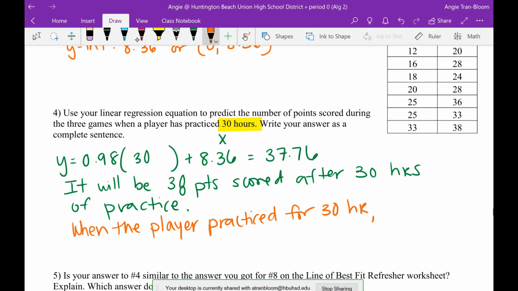I'm sorry, what is the second half? The number of points scored is 38. Okay. So when a player practices for 30 hours, he or she can score 38 points. Are any one of those okay?